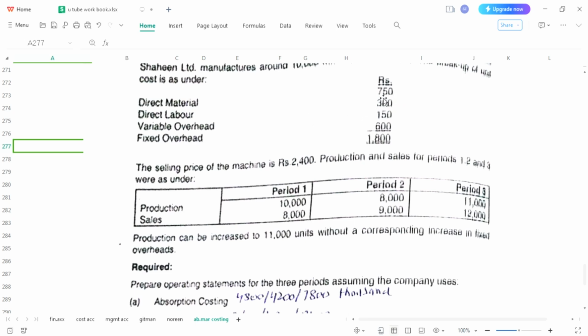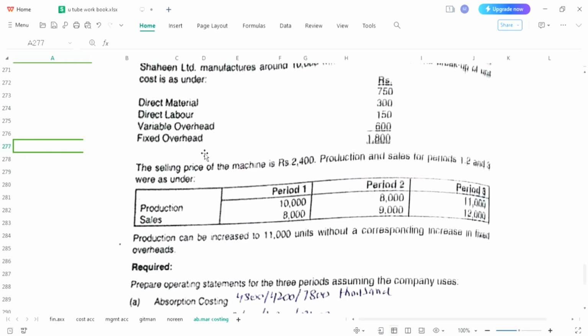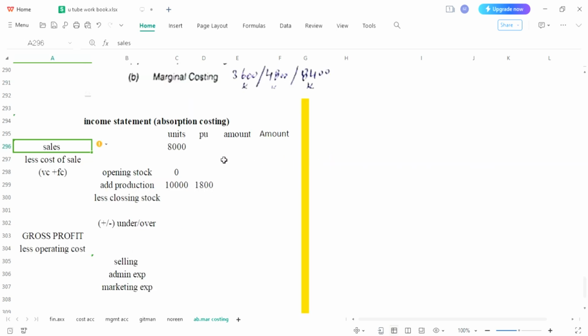Above there are three items which are variable cost and 600 is fixed cost, and they have added all fixed and variable cost, and we have got 1800 as the total per unit cost, and this has been mentioned over here. Now we will see what else. Selling price of the machine is 2400, so you can put 2400 over here.